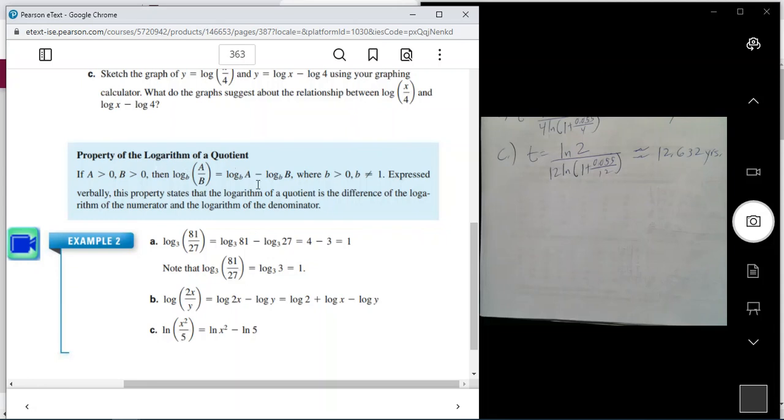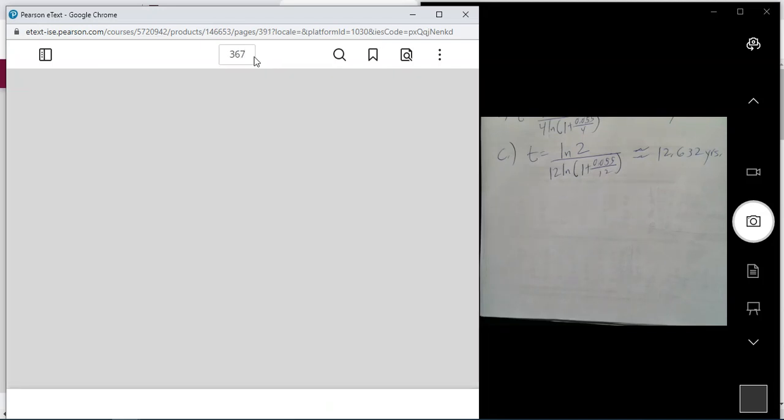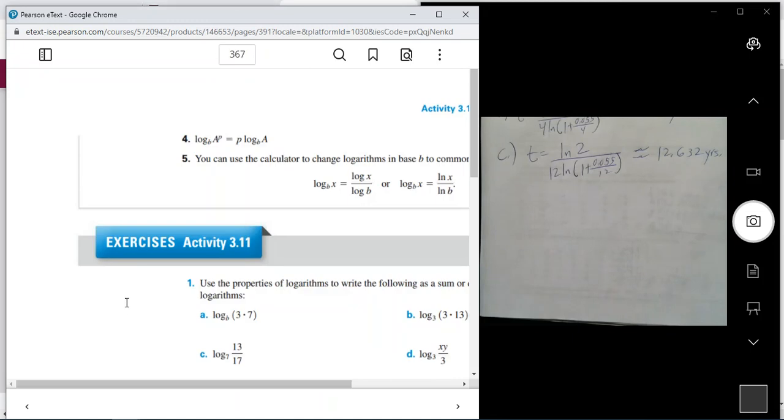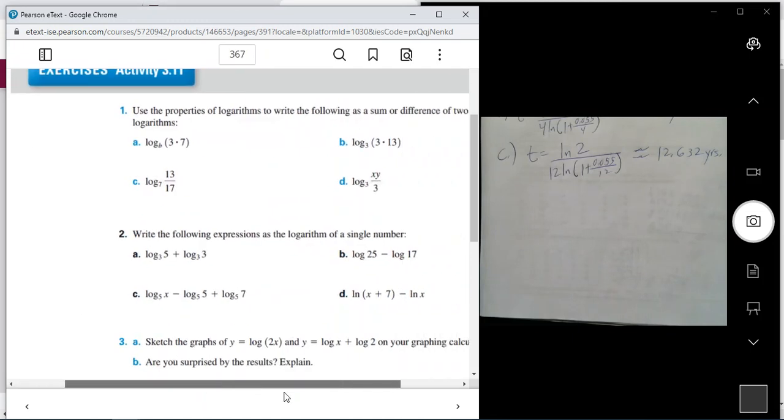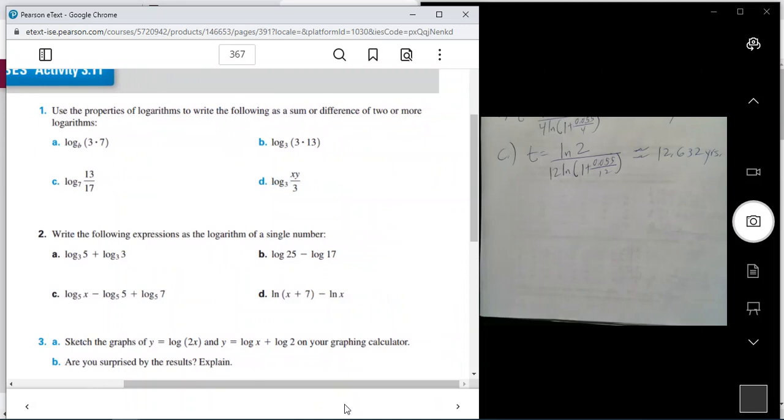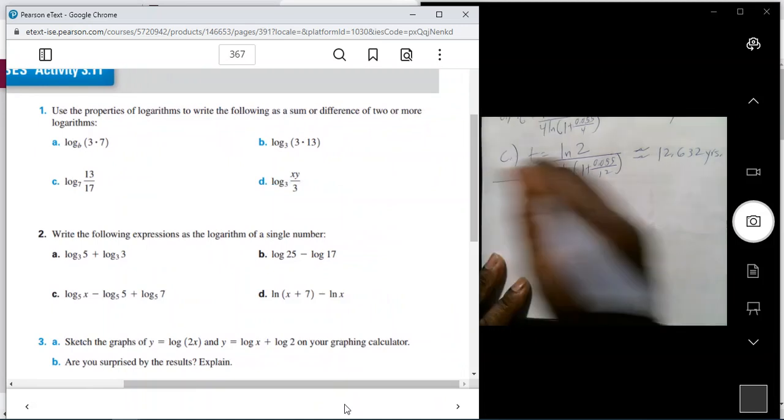And we notice that it works both ways. So now we're going to go back to number 1 on page 367. They want us to write this using the properties of logs.